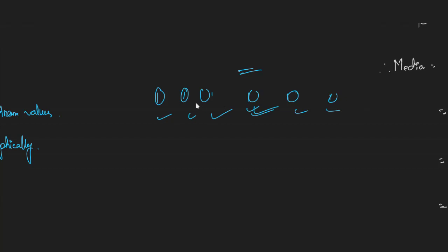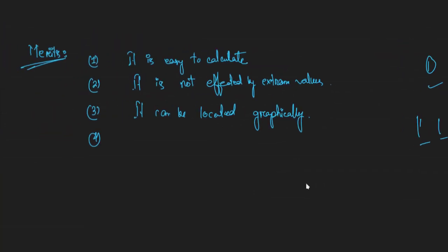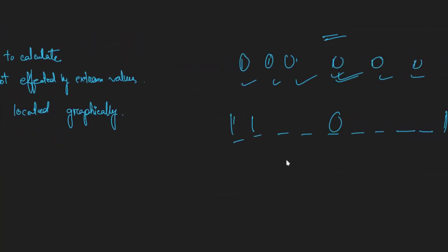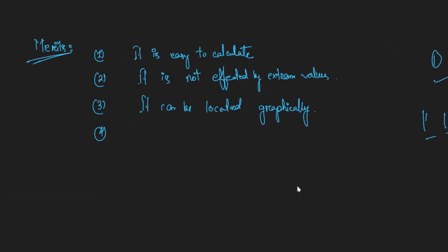Suppose you have studied people's honesty in an examination: very low honest people, very mild, and then you have given some ranks. Using these ranks you can calculate the median, right? So that is one advantage. If you try to calculate the mean of these values, that is baseless, it has no mathematical or statistical meaning, but if you calculate the median then it does have a statistical meaning, right?